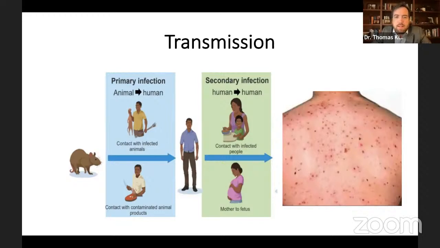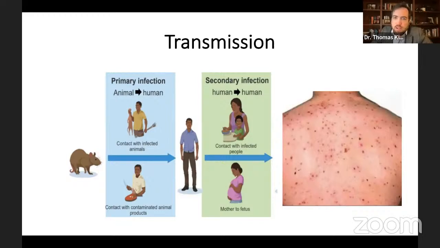Typically, when outbreaks happen, it's because of a rodent spreading disease to a human. That can be because of dealing with meat products during food preparation, or close contact or animal bite.